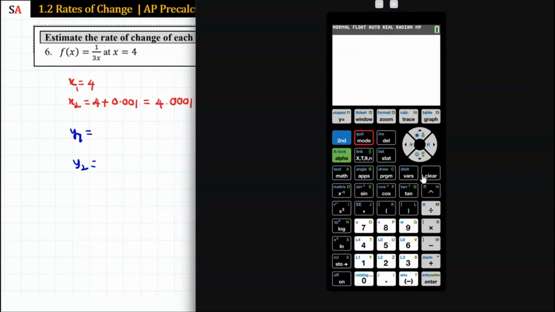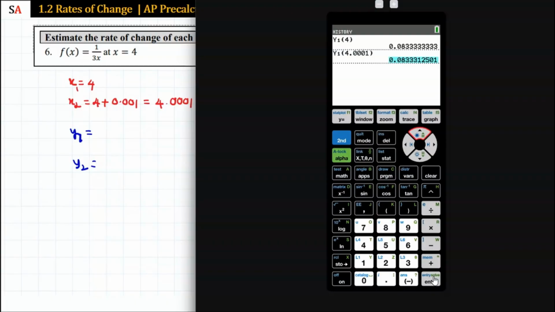Now let's find the corresponding y1 value, that is y of 4, and y2, so let's use x2 equal to 4.001. Now take the difference, y2 minus y1 over x2 minus x1.